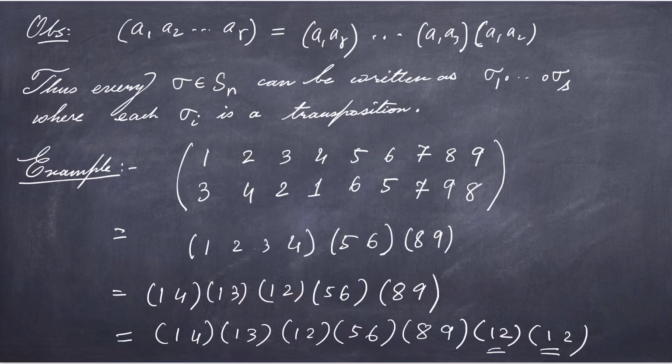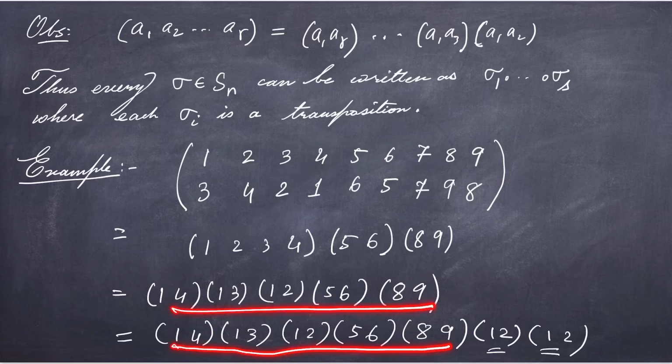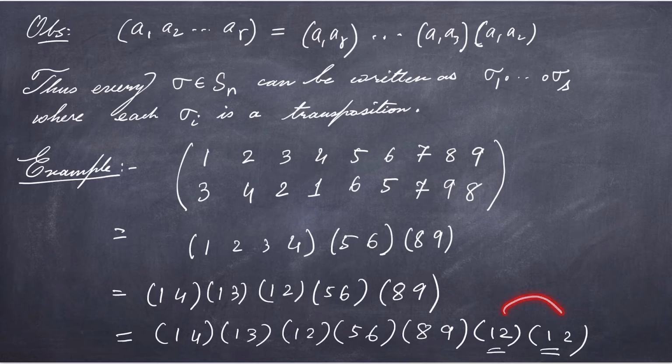Now I would like to draw your attention to a very interesting and important point: given a permutation, the number of transpositions whose product gives the permutation is not unique. For example, the same permutation can be written like this. We have kept all the terms here, and with that we just added the same transposition (1 2) twice.